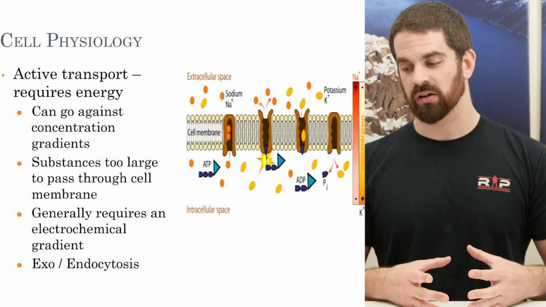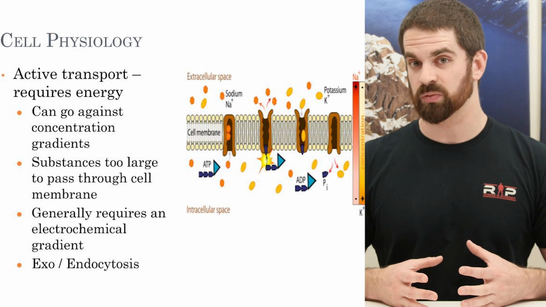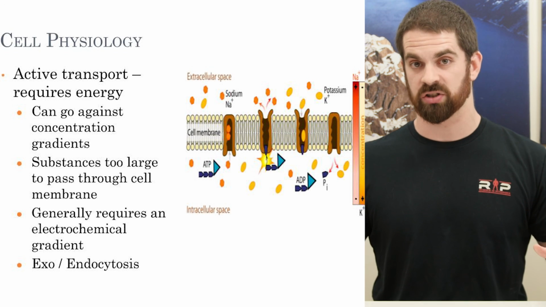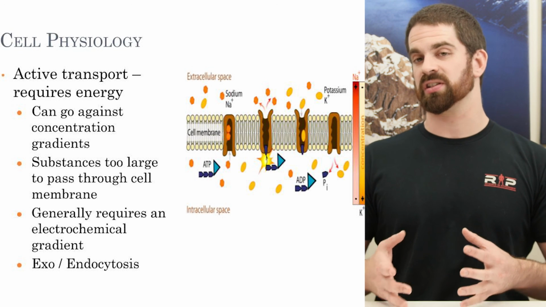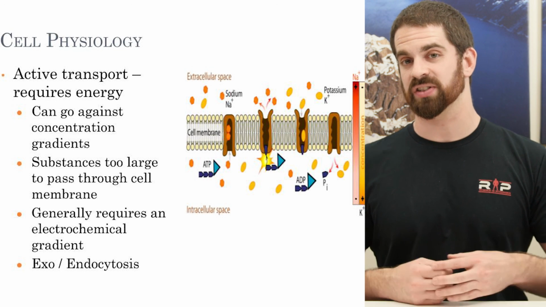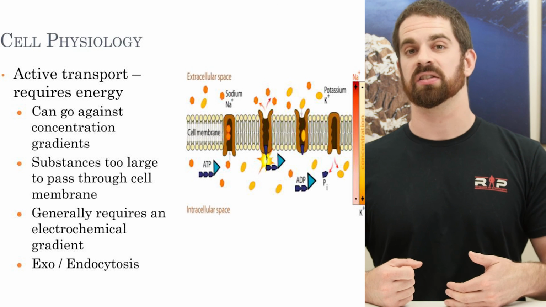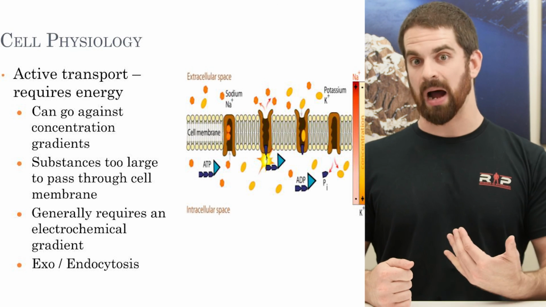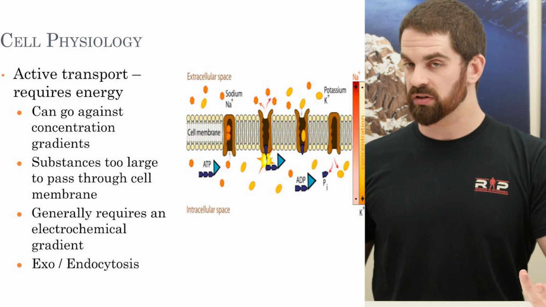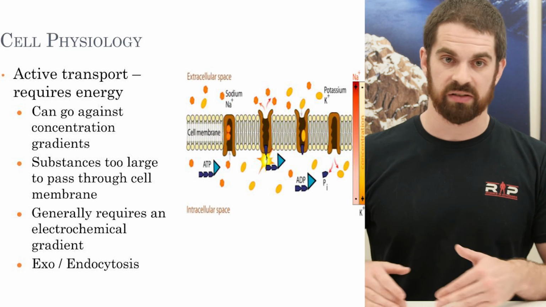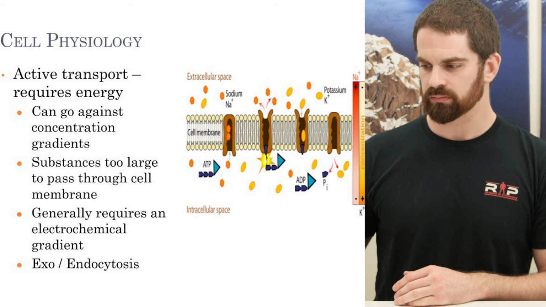For active transport, generally we need some type of electrical gradient as well. It means there has to be a voltage or charge difference across a membrane. And then last but not least, we can use the same processes of endo and exocytosis to either allow things into the cell and form vesicles, or we can pop a vesicle out and let it exit the cell and move into another cell. So these are the major ways that things are moved within the cell or moved out of the cell.